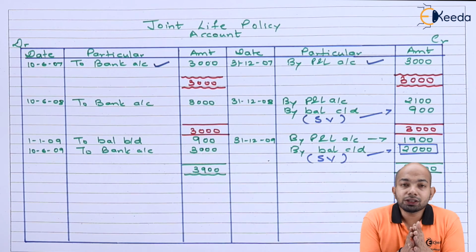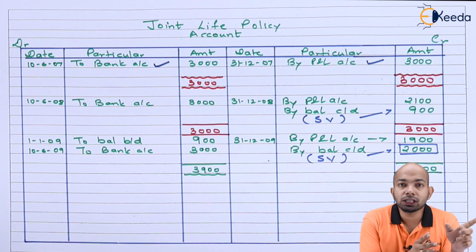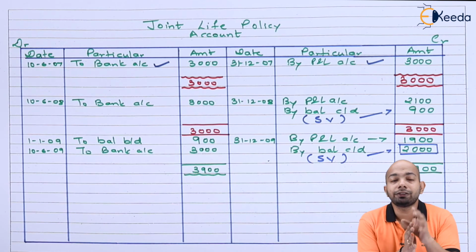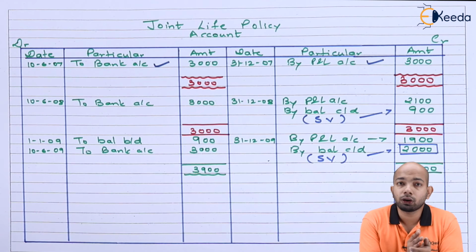So according to this, we have to understand that this is the balance that is charged to profit and loss account. We may be paying a premium of 3000 annually, but what we are charging to profit and loss account is this kind of balance difference. That means the surrender value has to be first subtracted from the debit side, and whatever balance is left is supposed to be charged to profit and loss appropriation or profit and loss account.